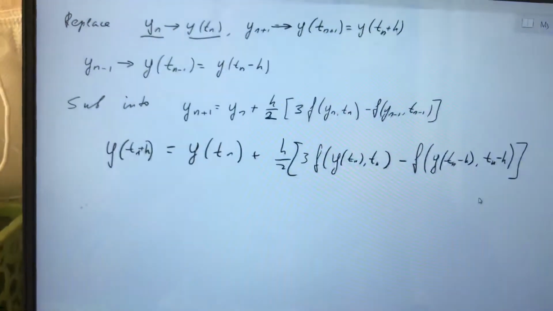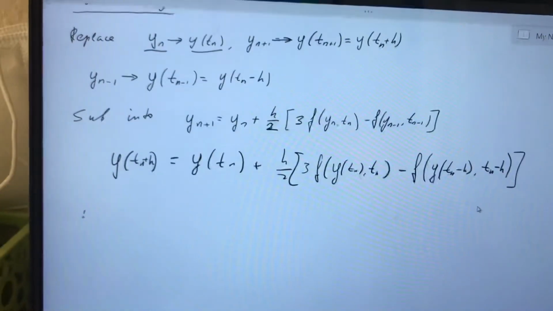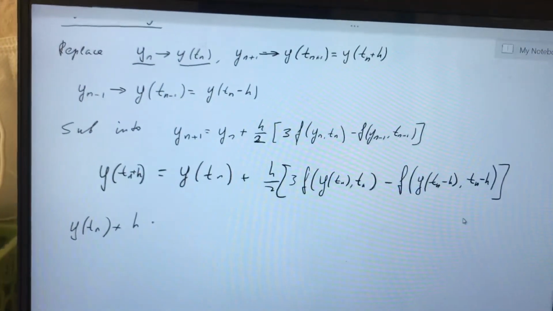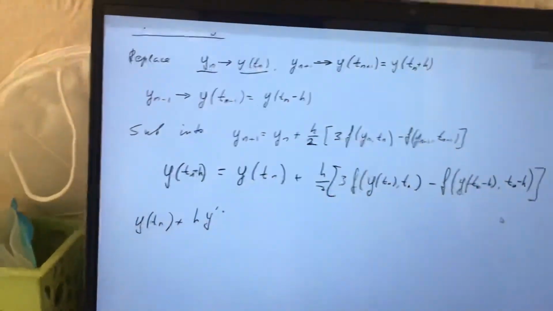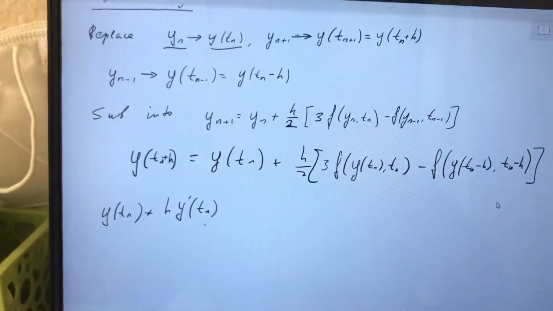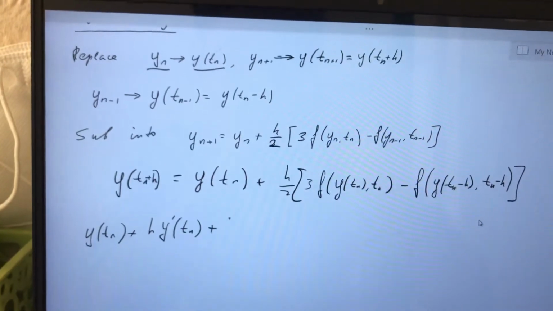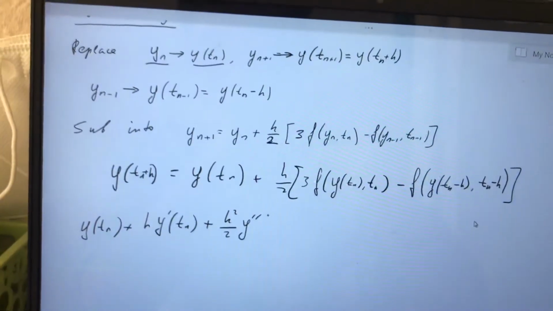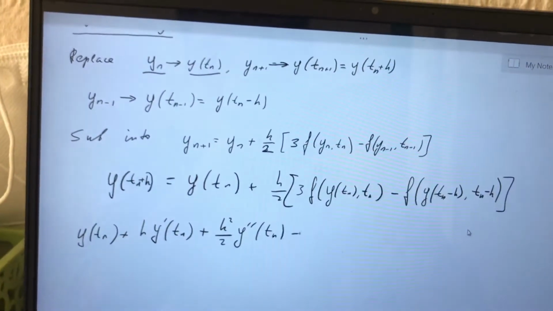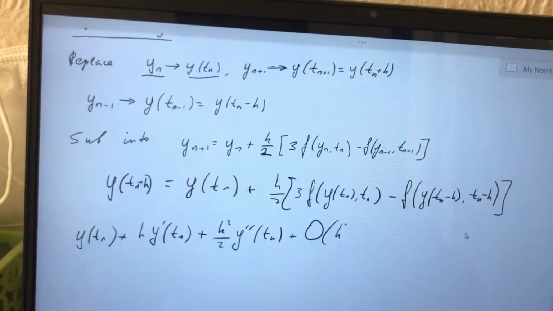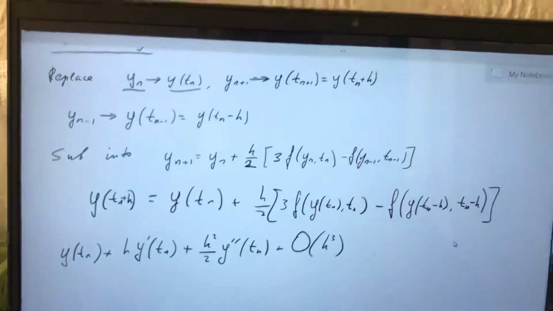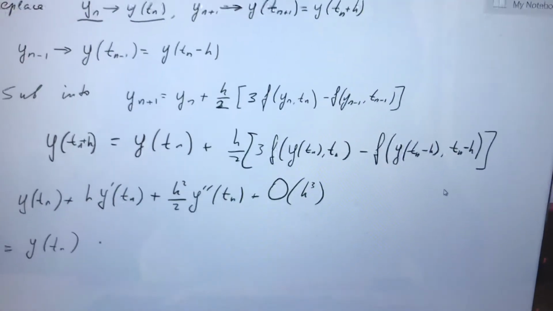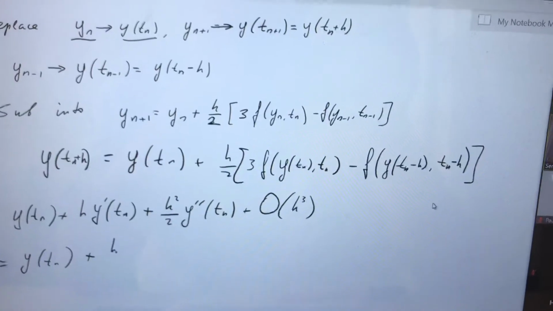Now we expand in the Taylor series. On the left, y at t_n plus h y prime. All quantities will be calculated at t_n for the first derivative. I will also include the second derivative, just in case. The error term in the Taylor expression is h cubed. On the right, y at t_n plus h over 2.